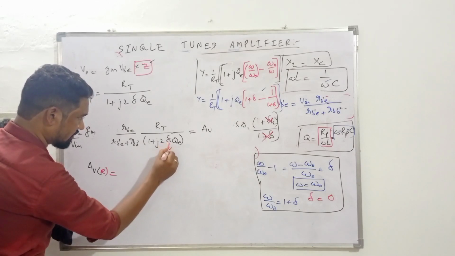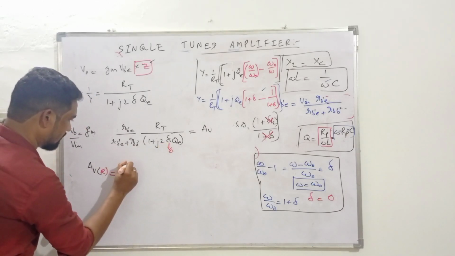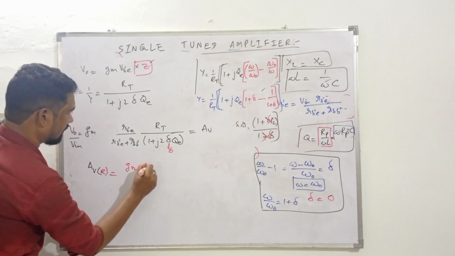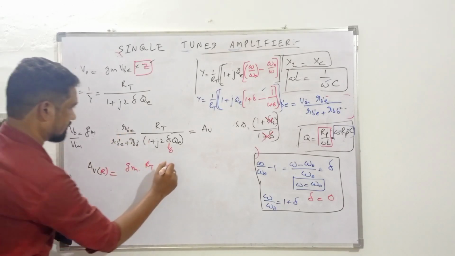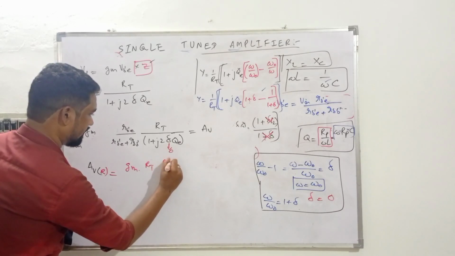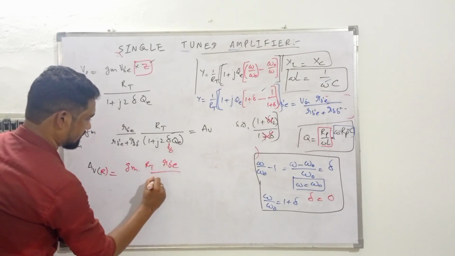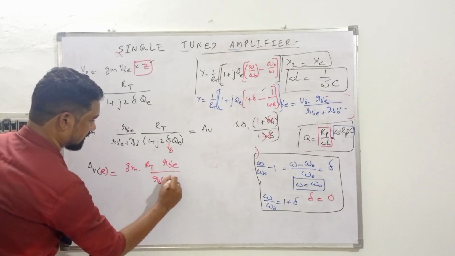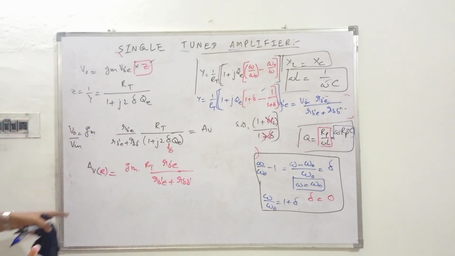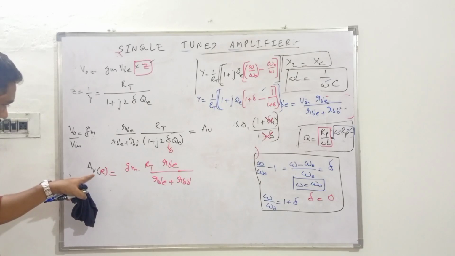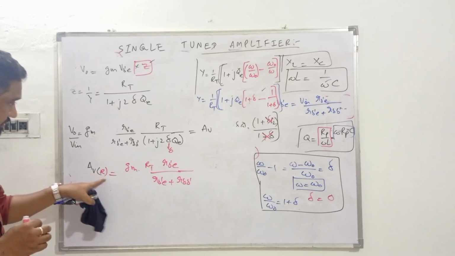Okay, del will be 0 at resonance, so we have Gm RT into this one, what is that, RB'E by the total resistance RB'E plus RBB'. Okay, so this is what happens for voltage gain at resonance.